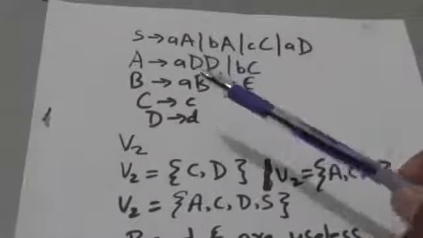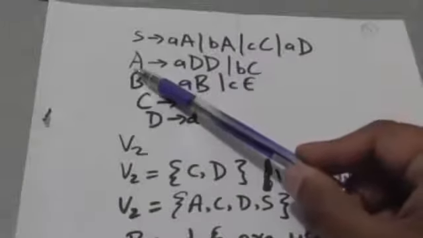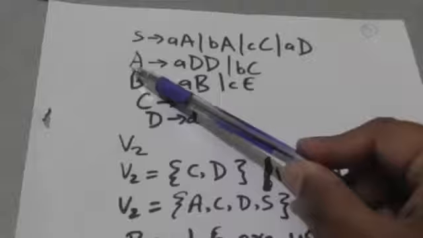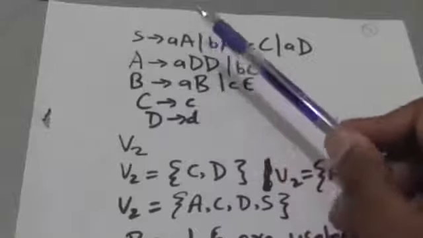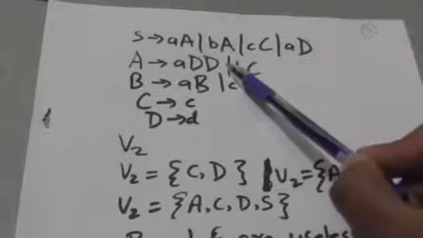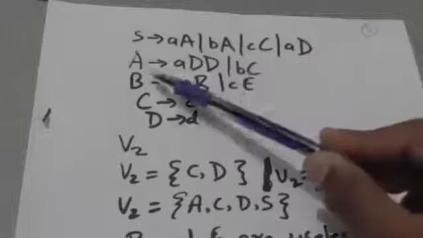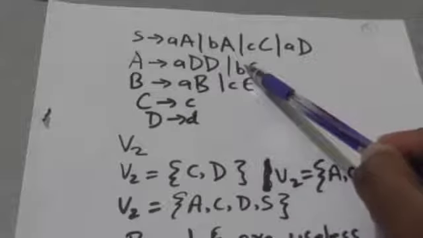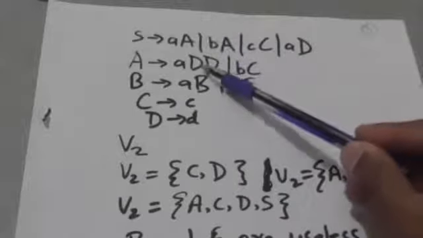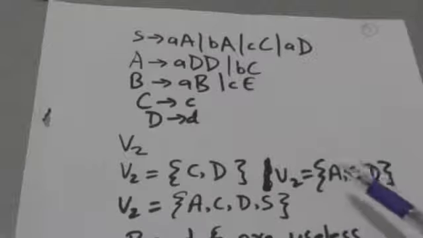Now, see the variable A. Right. A derives the string of terminals and those variables which are present in set V2. So we will add A to set V2. Right. Now V2 has three variables A, C and D.